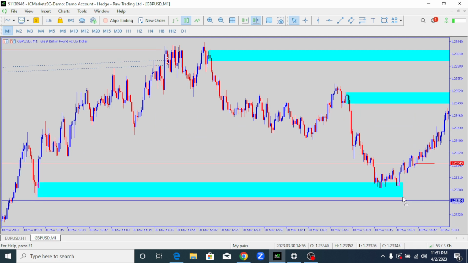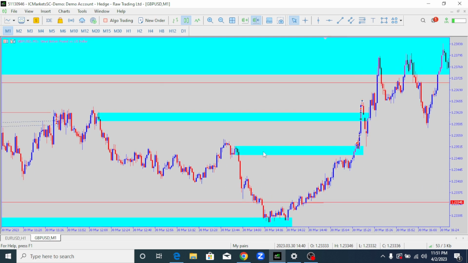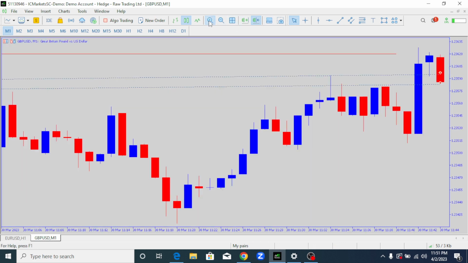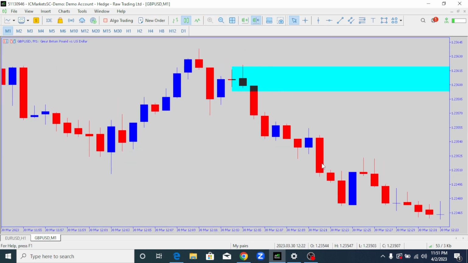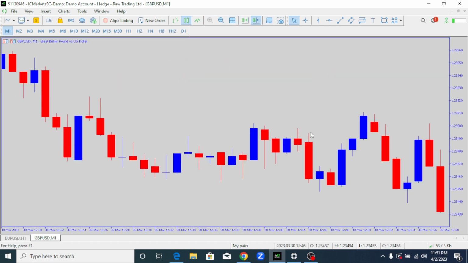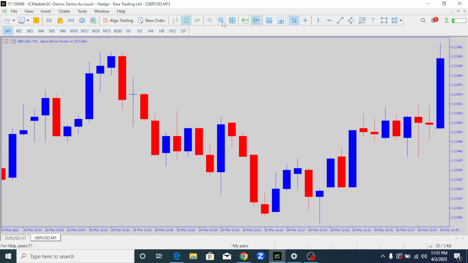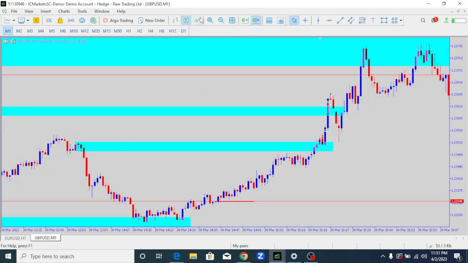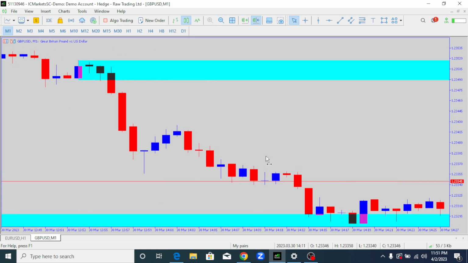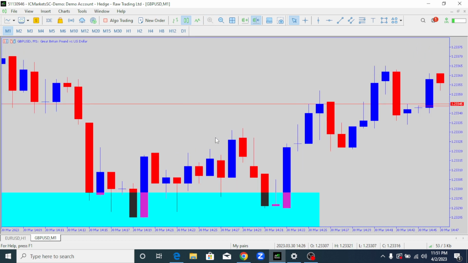And guys, I was so happy this happened. I was watching price. So after the price reacted off this M1 point of interest, it's around this area.